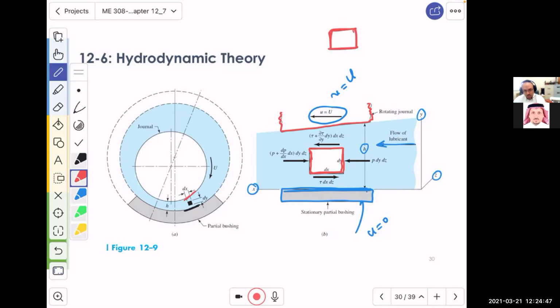Our main target, honestly, when we do this, is to describe the physics here. Here we have a pressure, right? And we said that pressure along the y direction is the same, but along the x direction is changing. Isn't that right?